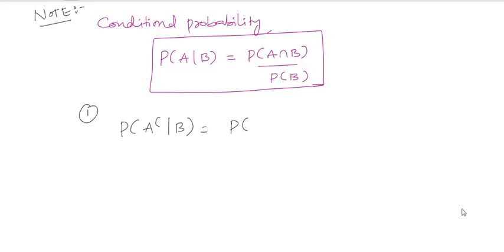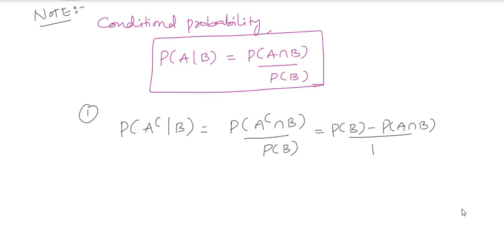This I can represent as probability of A complement intersection B divided by probability of B. Probability of A complement intersection B is probability of B minus probability of A intersection B, divided by probability of B. So this value is 1 minus probability of A intersection B divided by probability of B.